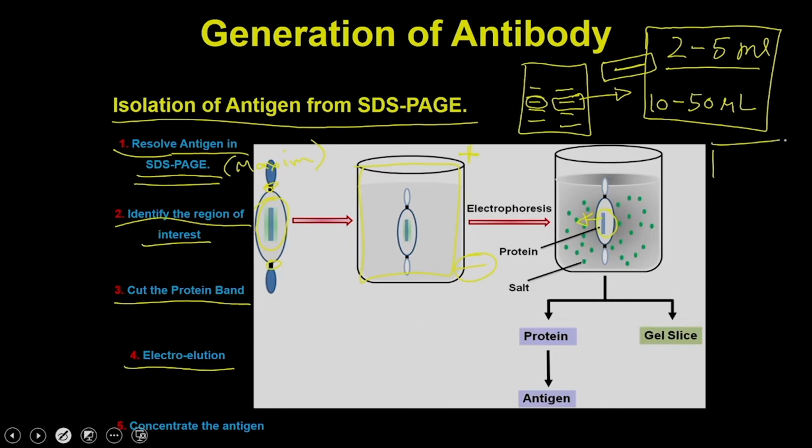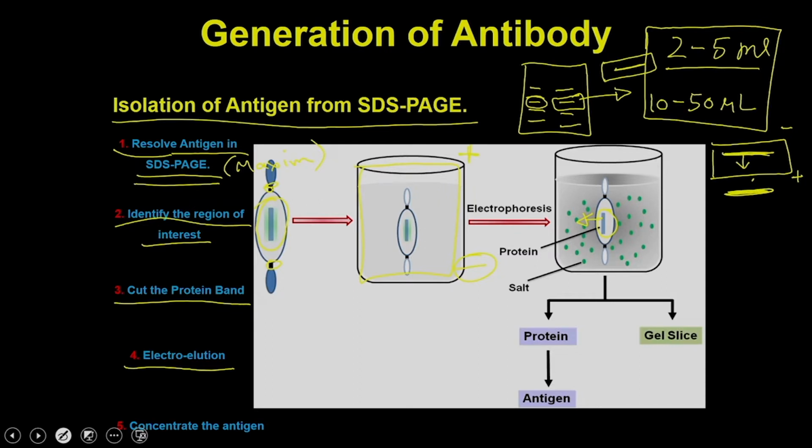Even if I have a protein band in the gel block, and I apply the electrophoresis, which means I put the negative on top and positive on the bottom, this protein band, which is negatively charged because it has bound SDS, starts migrating, and after some time the protein comes out into the solution.